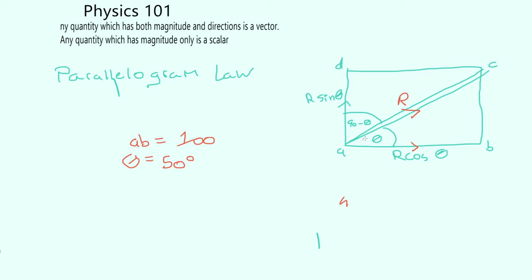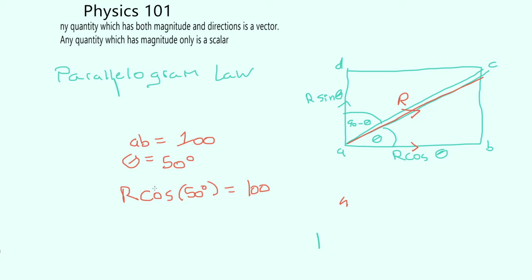Now to calculate the resultant, which is this line going up diagonally, you would have R cos theta, that's the cos function on your calculator, with your value 50 in here, and you will have this equal to AB, which is this 100.